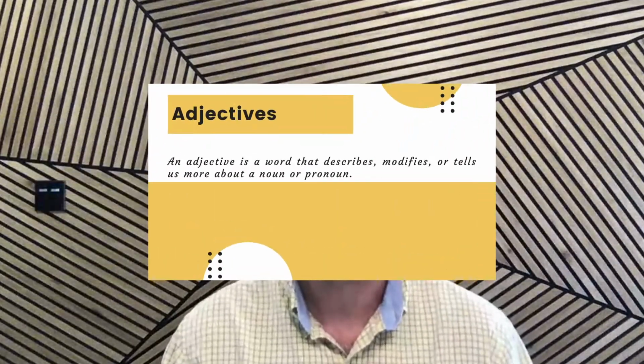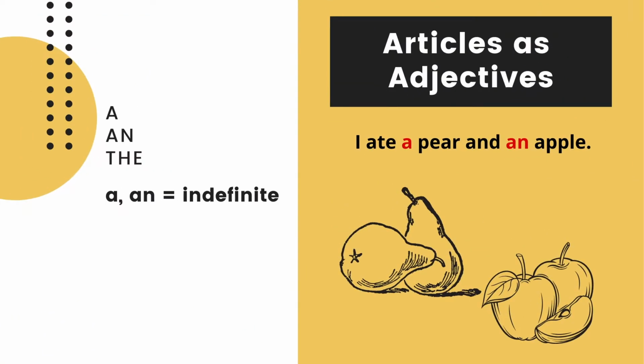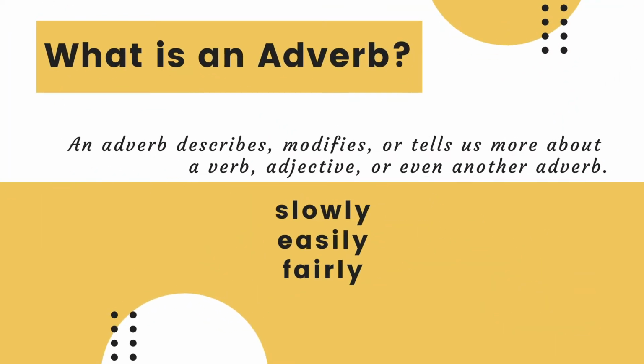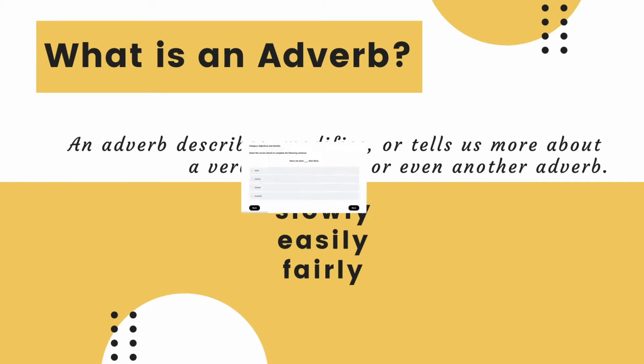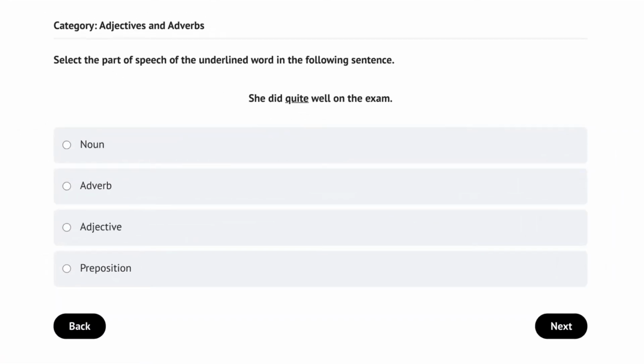You have adjectives and adverbs. So know the difference between those two. The adjectives and those articles, so a and the. Know your adverbs. Know how they describe different verbs, how they describe adjectives, and adverbs that describe other adverbs.